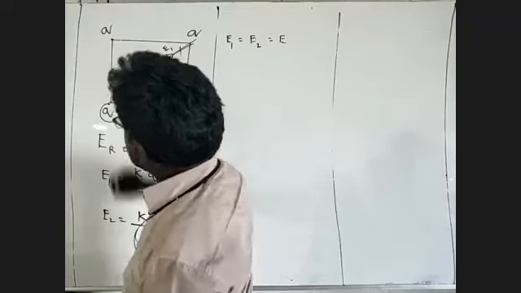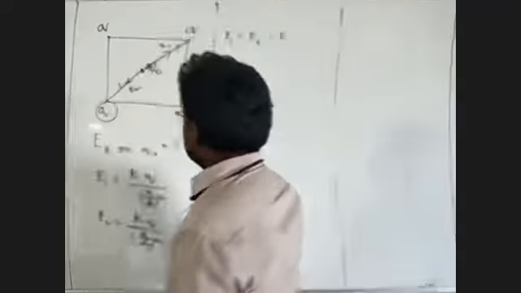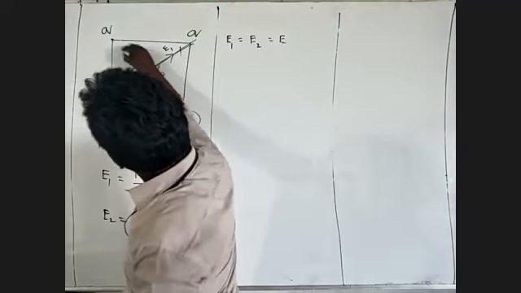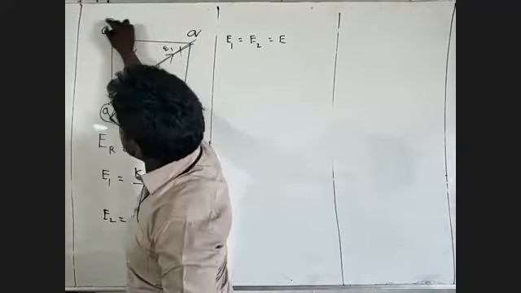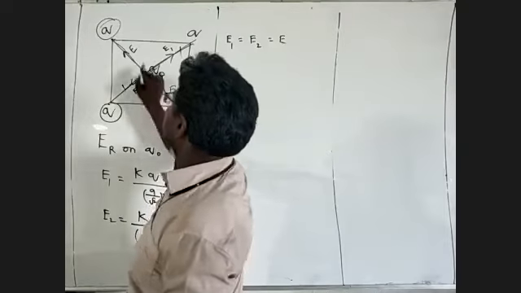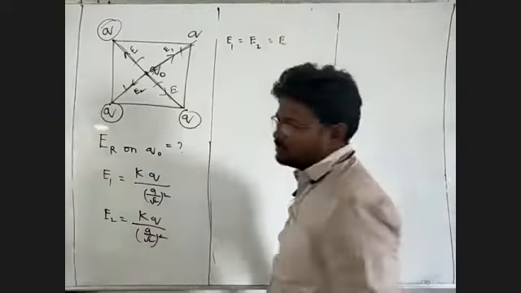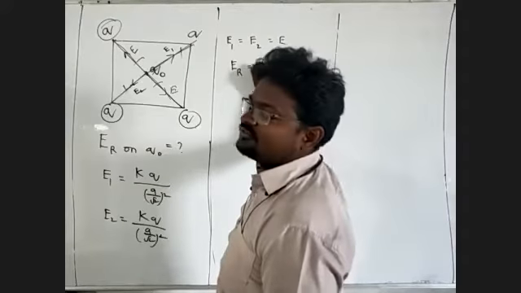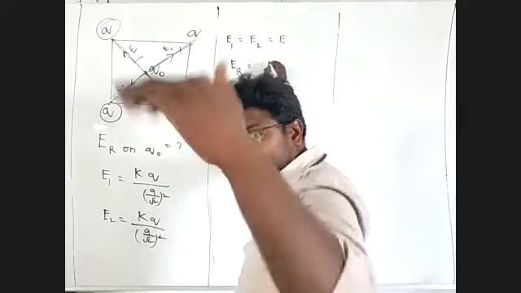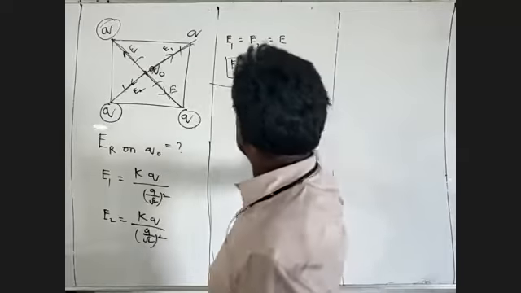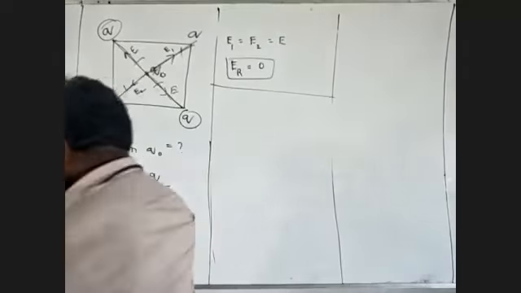Both cancel each other. Now this Q will repel the charges in this direction, that is E. This Q also repels the charges in the downward direction, that is E. Both are opposite, cancel. Now the resultant intensity of electric field on the center charge, your answer is zero.